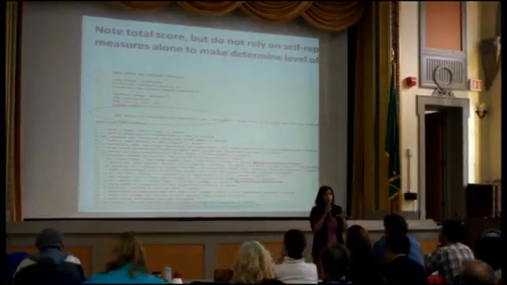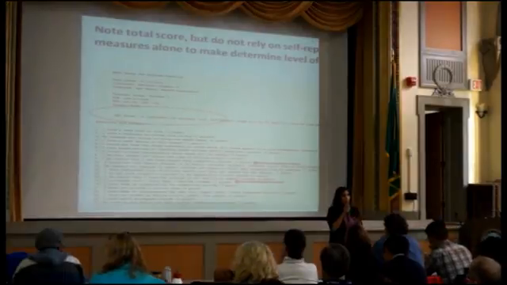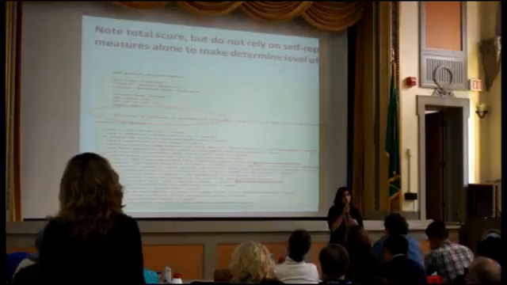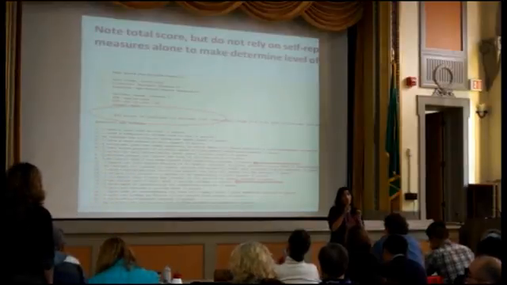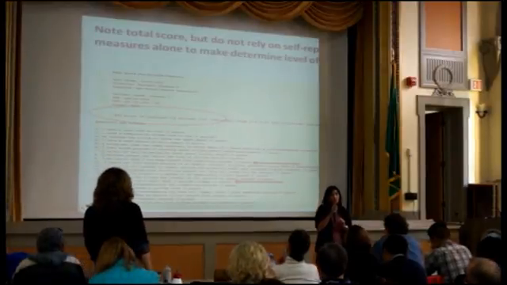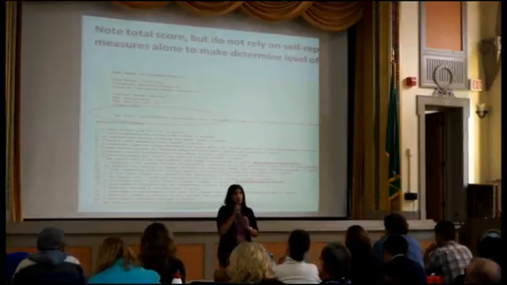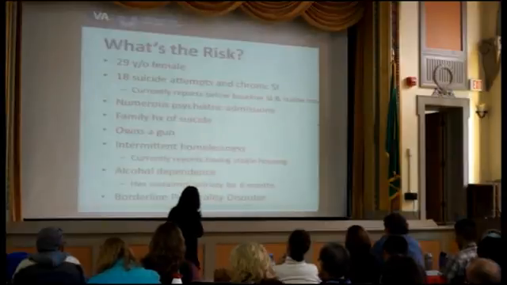So again, it gives you an overall score, but if particular items are concerning, and you're going to be using this measure, you really do need to clarify how it's playing into your determination of risk.